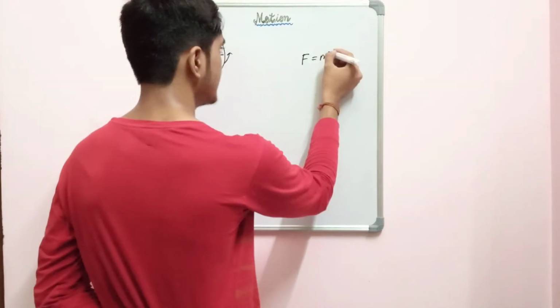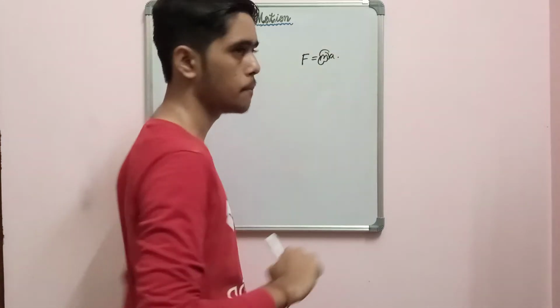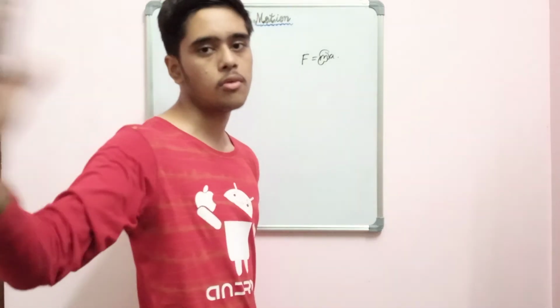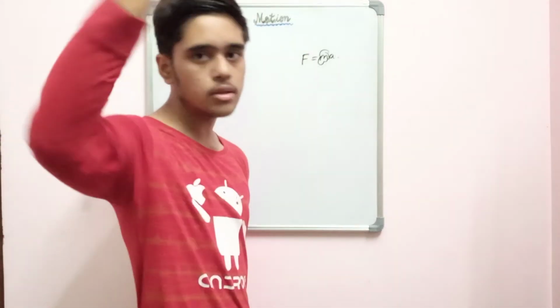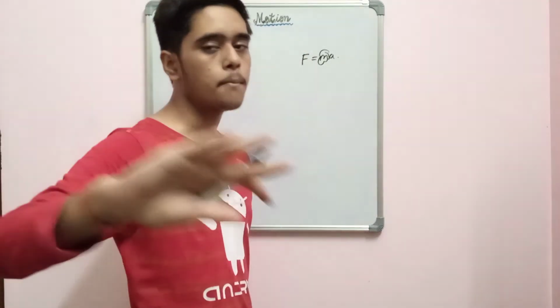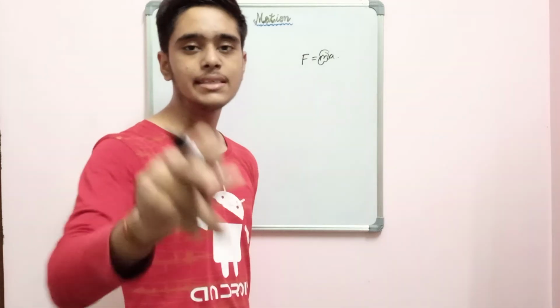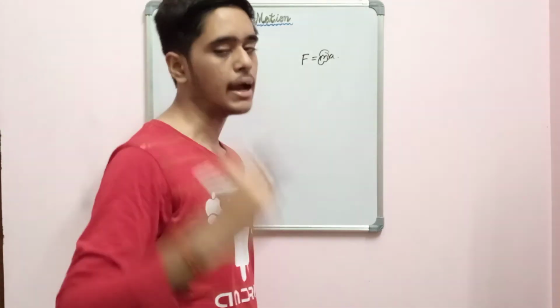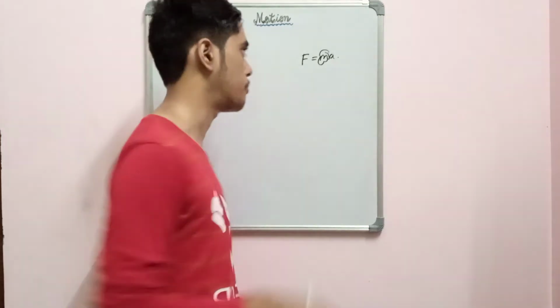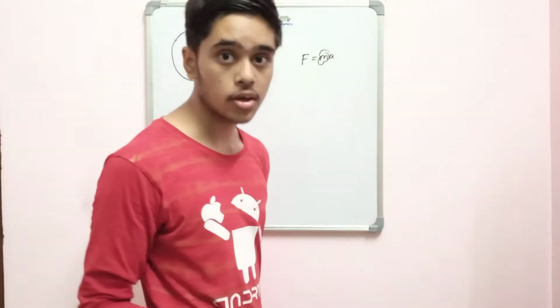This m is constant for a body. Mass is constant, whether on Mars, Earth or Venus. Everywhere the mass remains constant. The only thing that changes is weight, which is due to acceleration due to gravity. That is another topic, but mass is constant for a given body.